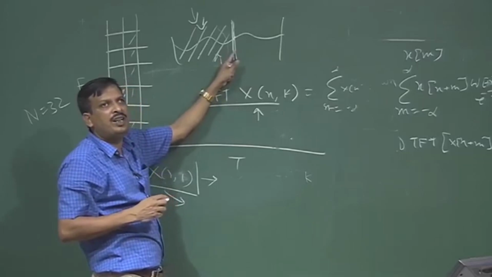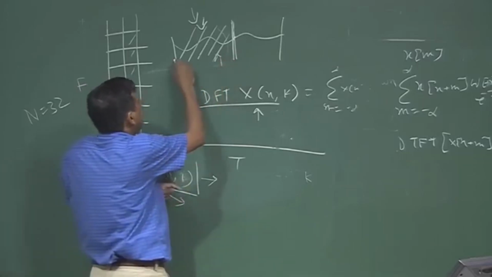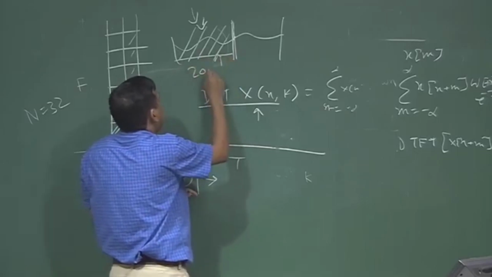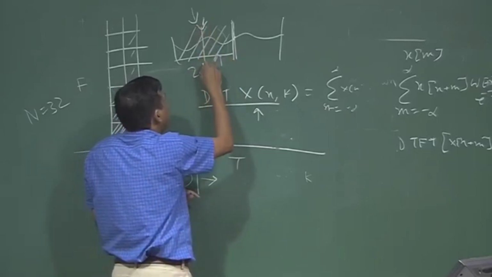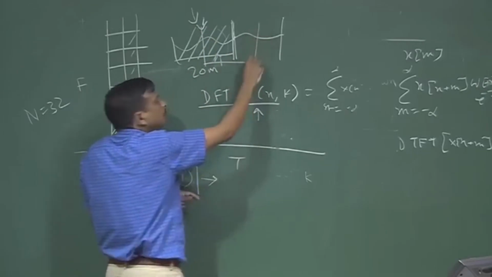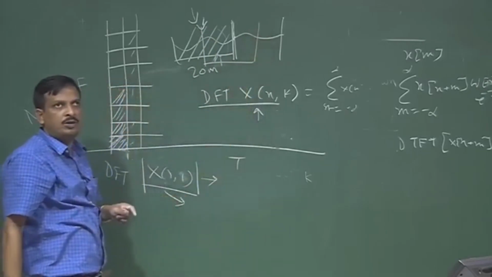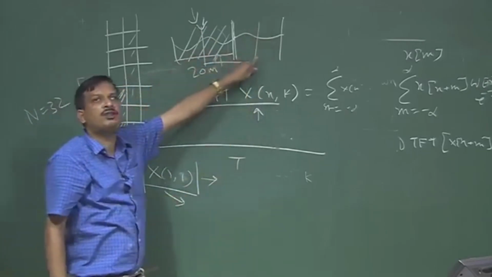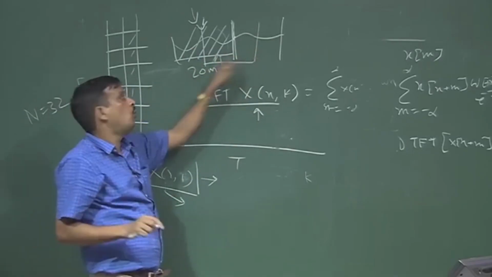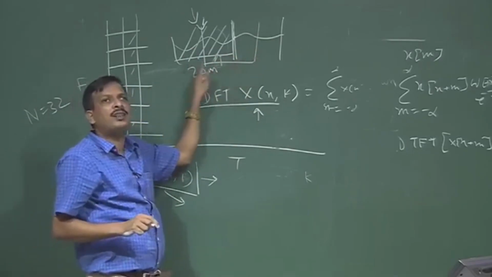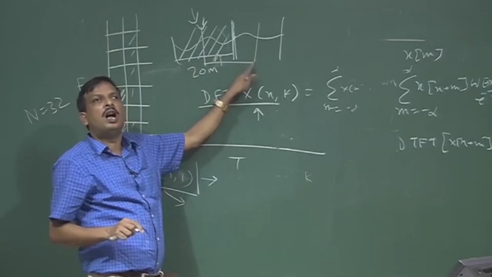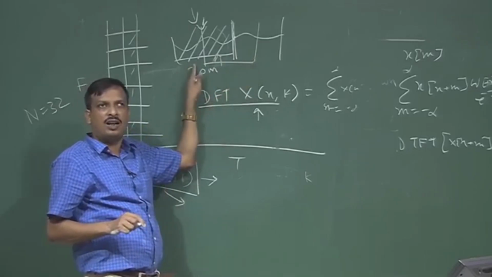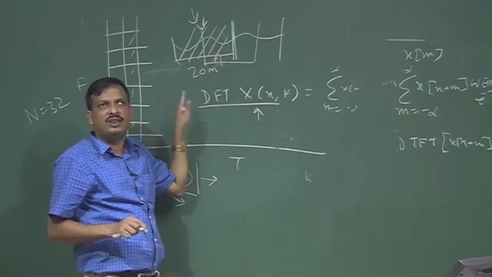So, instead of doing that, what do we do? We take a window of, let us say, 20 millisecond and then shift the window by 10 millisecond, that means 50% overlap. So, I analyze with 50% overlap. I will discuss why 50%, how much overlap we should allow, and how much overlap we should not allow, so that we can get the signal back again.